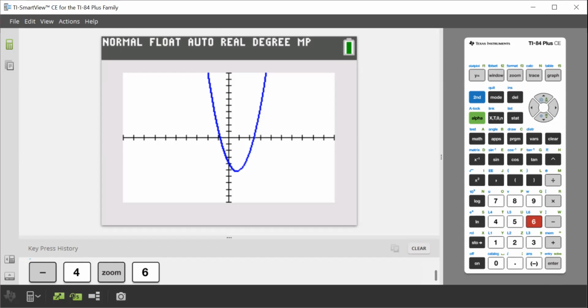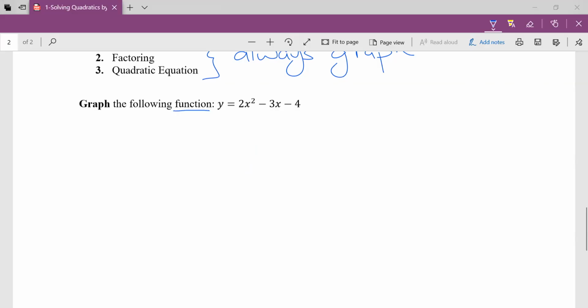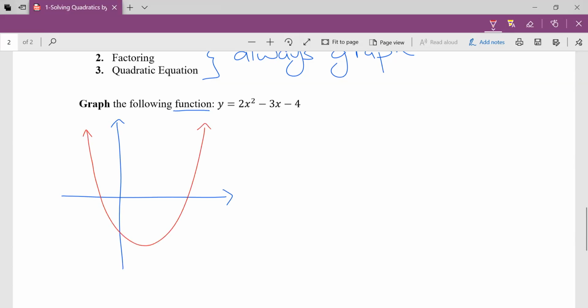Now what we're going to do though, friends, is we are going to solve this equation. So now here's what we know. We know this graph looks more or less, I guess, because I'm not a good drawer, something like that. That's the function. What we're now going to do is we're going to solve this.